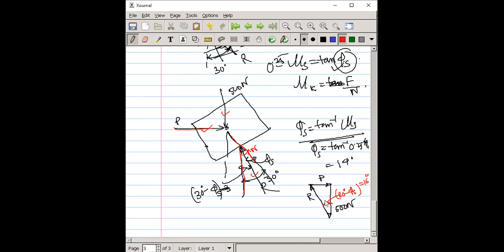So we have to simply apply the sine formula, or we can easily solve this. We have to find out P, right? So P by 500 is equal to tan 16 degrees, right? So from here we easily find P is equal to 500 tan 16 degrees.